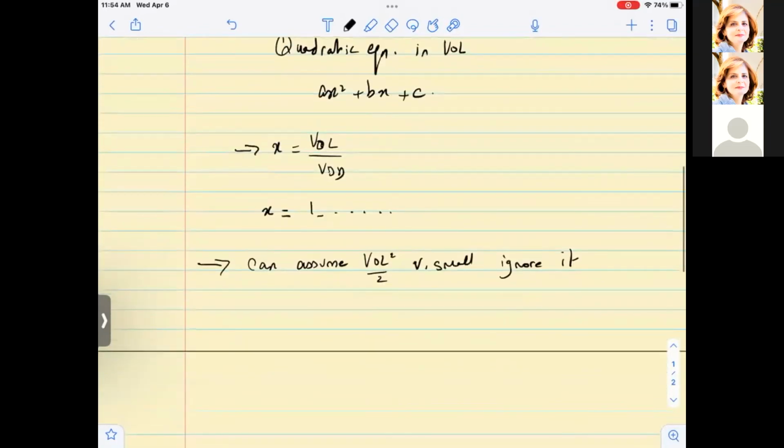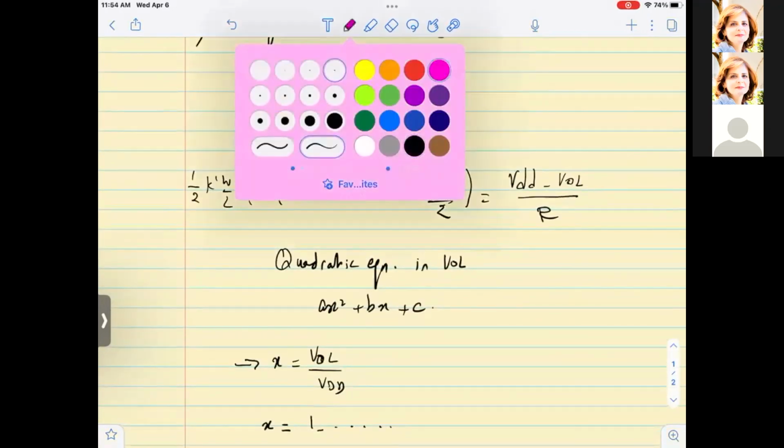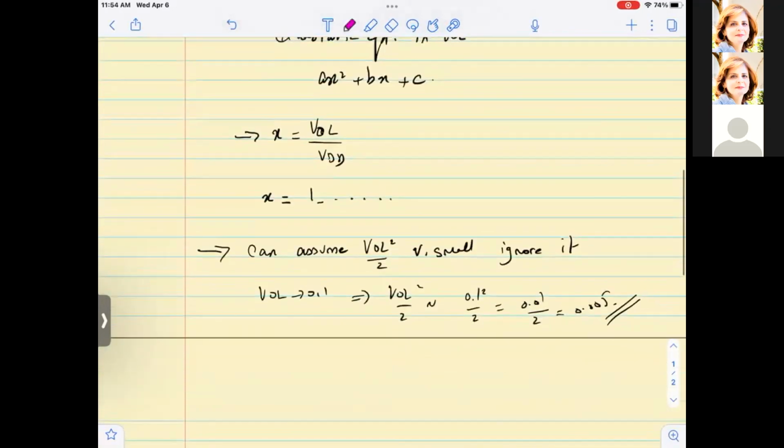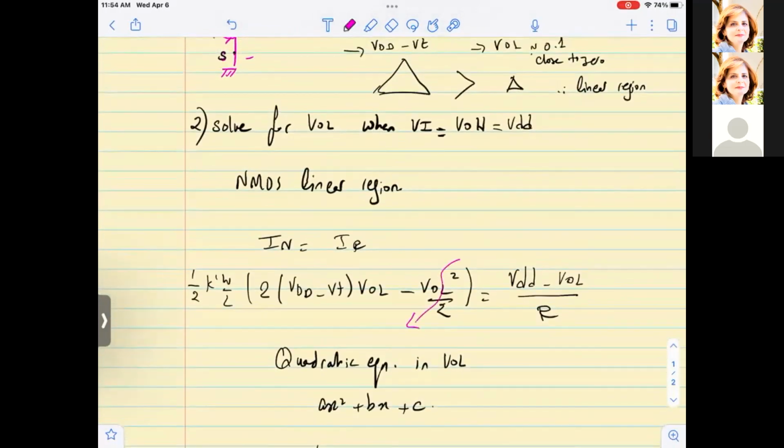This means if we expect VOL to be 0.1, then VOL squared over 2 will be approximately 0.1 squared over 2, which is 0.01 over 2, which is 0.005. So in that event this condition holds and you can drop this term.